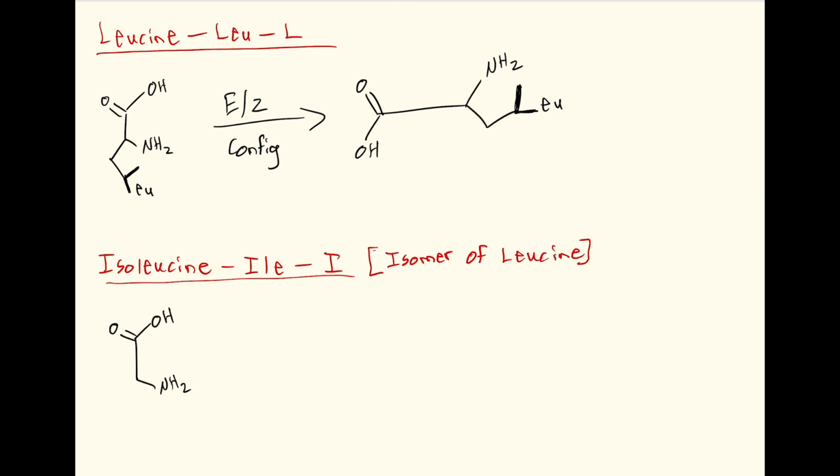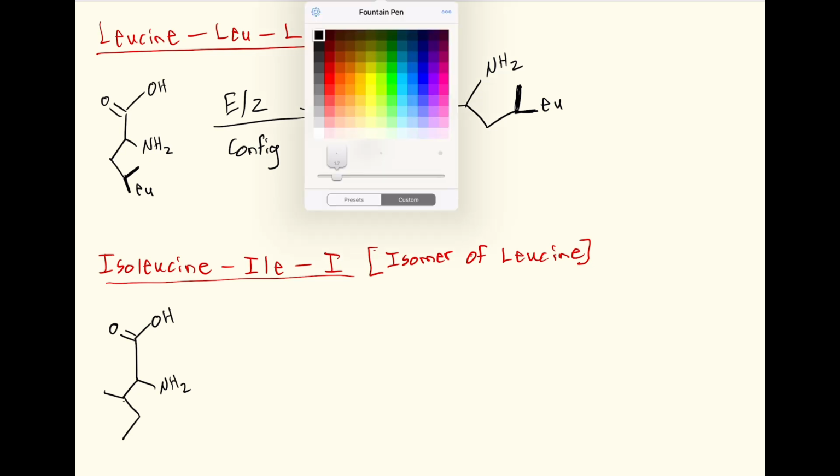So you're going to draw an S shape, right? And then you're going to draw, instead of the V sticking out, the extra carbon on the first carbon. And then the way I memorize isoleucine is this way.